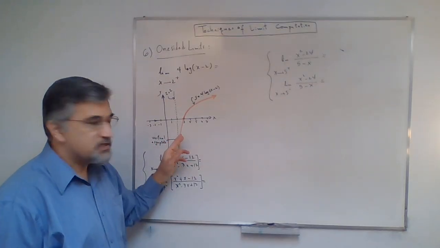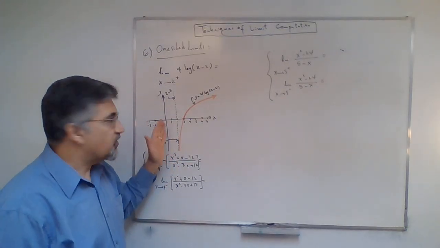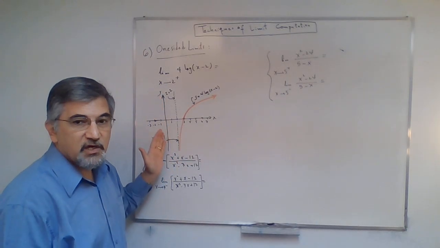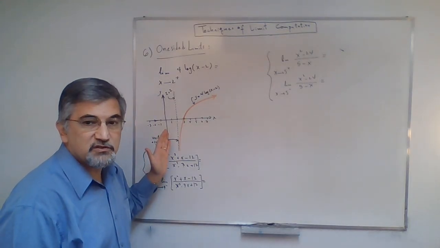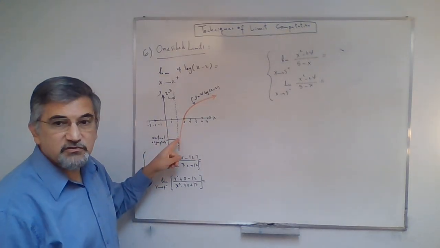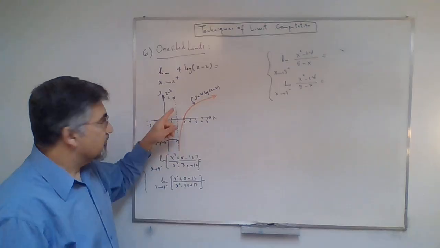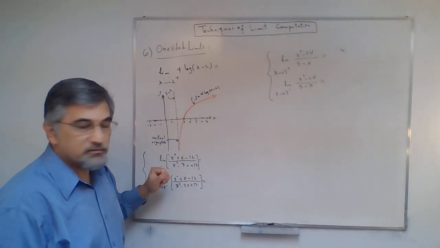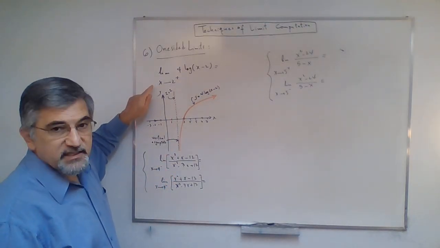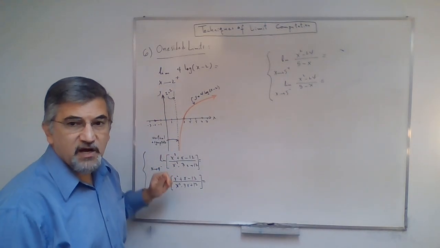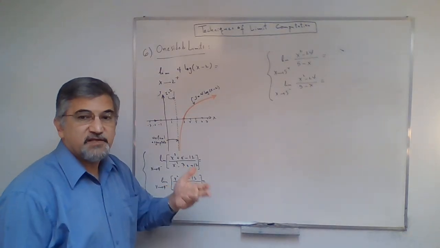You may see here that on the left-hand side of this vertical asymptote, there is absolutely no graph whatsoever. The whole graph is on the right-hand side of the vertical asymptote. When it says x approaches 2 from the right-hand side, this is a right-hand limit.